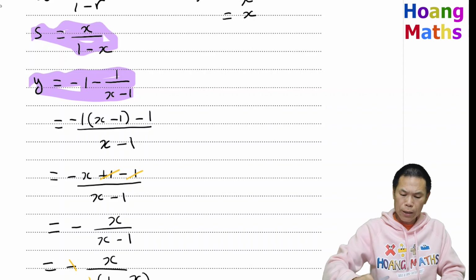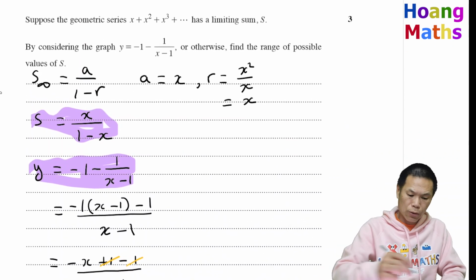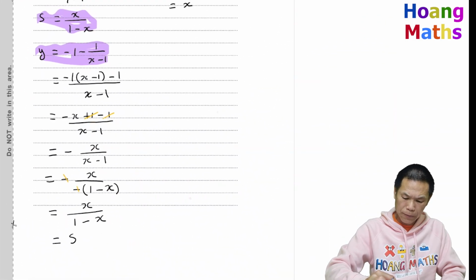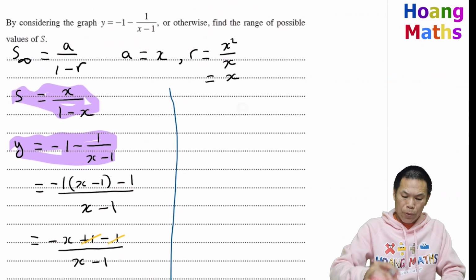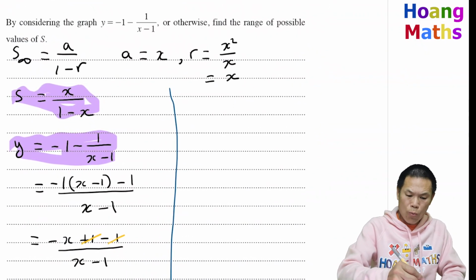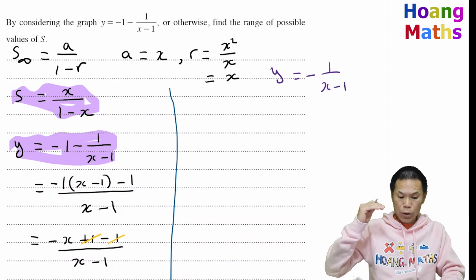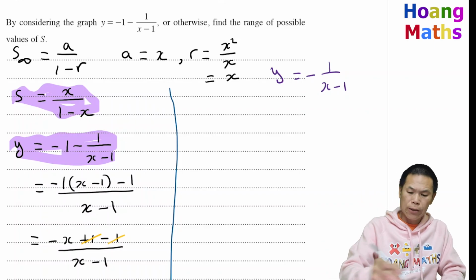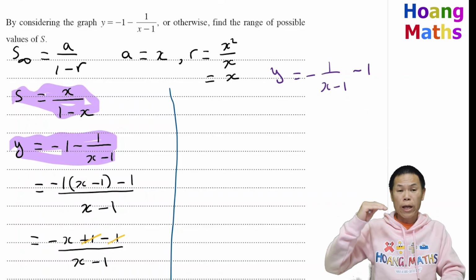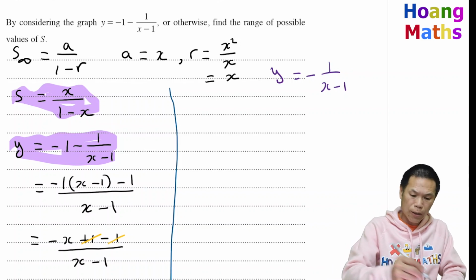To do this, we just do a quick sketch. Let me now quickly sketch y equal to negative 1 over x minus 1 first. And what we do, we minus 1, that means we move 1 down. If we minus 1, it moves the graph 1 down. So let me just quickly sketch this first.